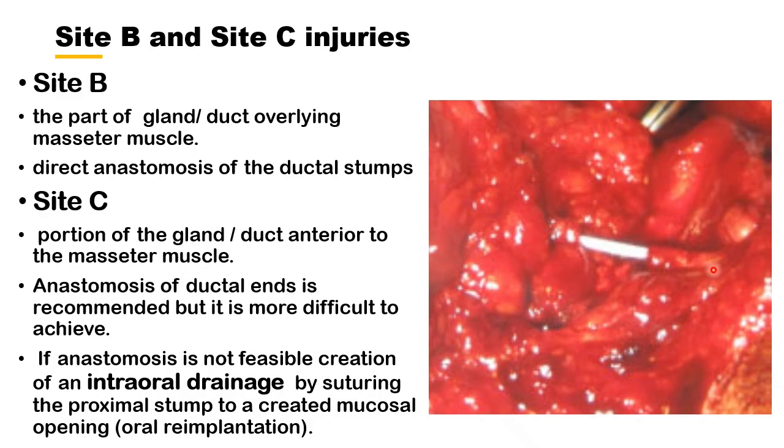If not, then you can try re-implanting the distal end into the oral mucosa through a small opening in the mucosa posterior to the usual or the natural opening and discard the proximal end of the severed stump.